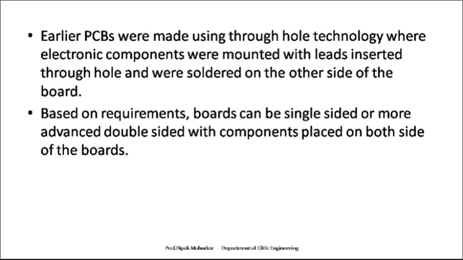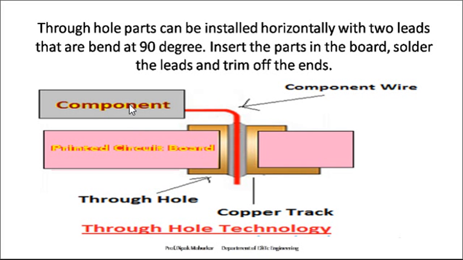Okay, so here is the earlier PCB design through the hole technique. We'll see the diagram of how it is done. These are the components, and these are the component legs inserted through the holes. These are the through holes and the copper tracks, and this is nothing but your PCB, the printed circuit board.